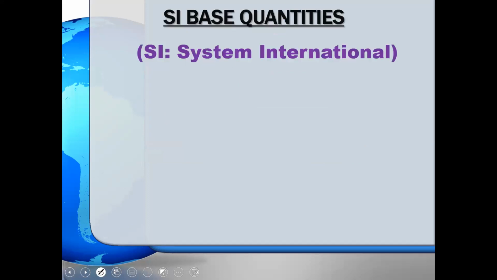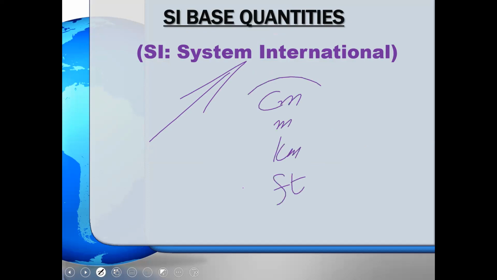Now, as you asked about base quantities, but before starting base quantities, I want to recall what is System International. Do you remember SI, System International? When people were working on different units, for example centimeter, meter, kilometer, and foot, this was a confusion for people working across the world. Some people were working in centimeters, some in meters, kilometers. So there was no unification.